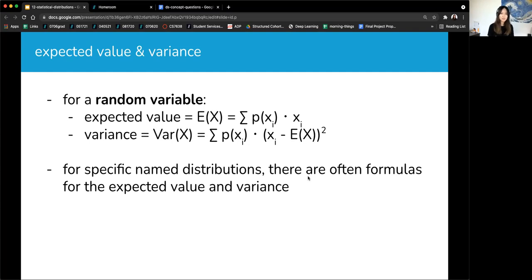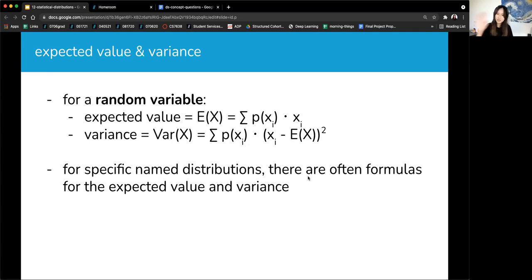The outcome of flipping a coin is a random variable because you don't definitely know what the result is at that moment. Same for rolling a dice. The outcome of a dice roll is also a random variable.